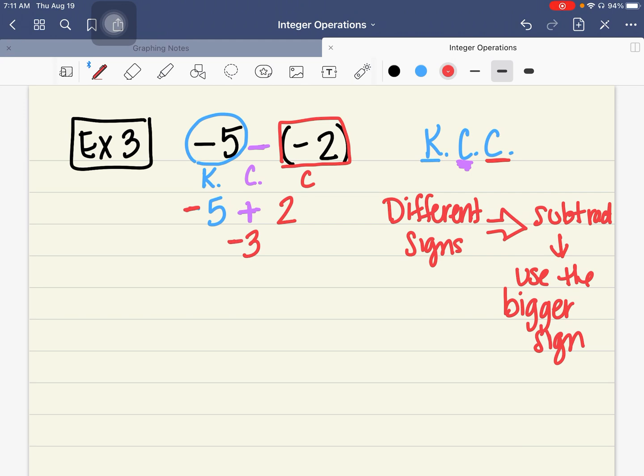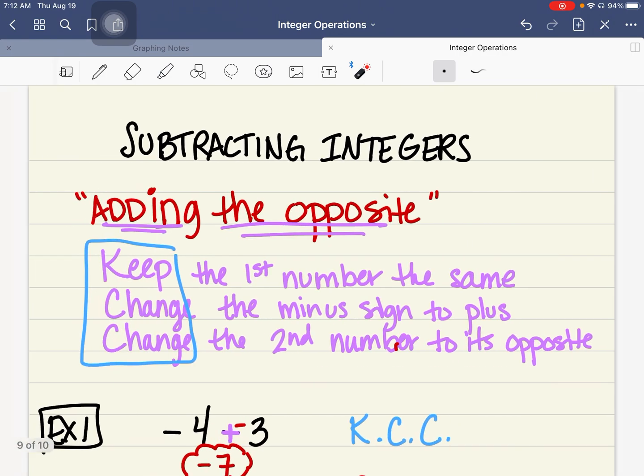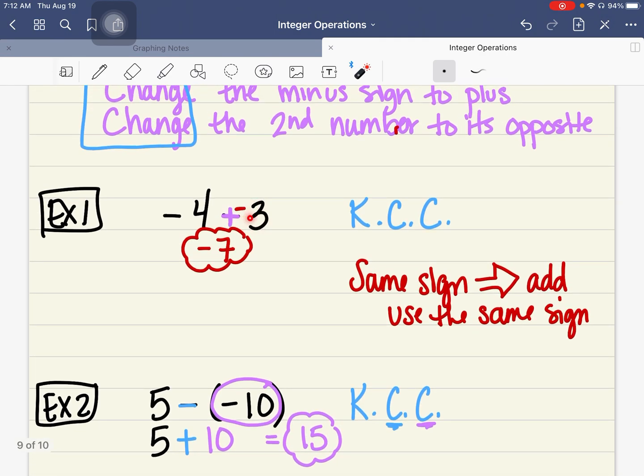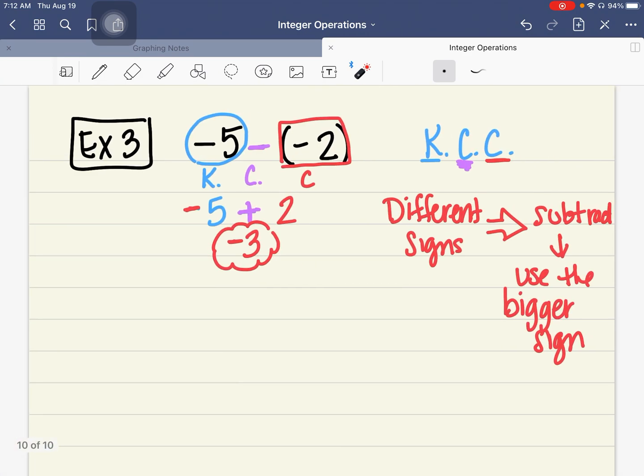So there are more negatives than positives. So the answer is -3. So if you can remember how to do keep, change, change: keep the first number, change minus to plus, and then change to the opposite. So if it was a negative, it becomes positive. If it was positive, like this one here, it became negative. And then you can do this problem.